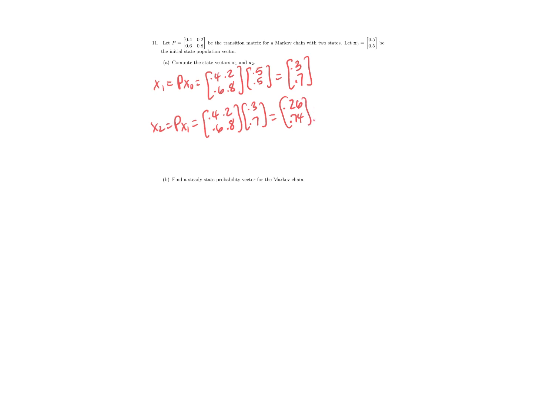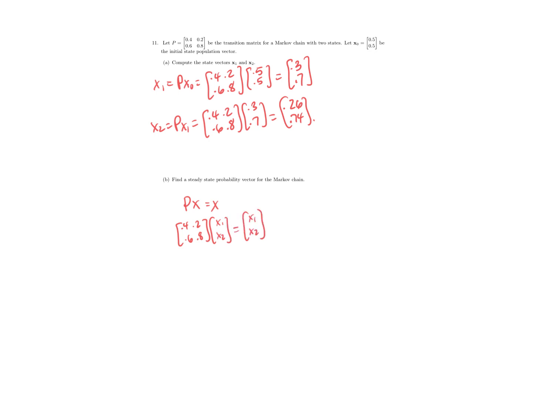So what we want is P times some x equal to that vector x. Okay, so we want a steady state vector, and we just need to solve for it. So P is 0.4, 0.2, 0.6, 0.8 times x, we'll just call it x1, x2, equals x1, x2.